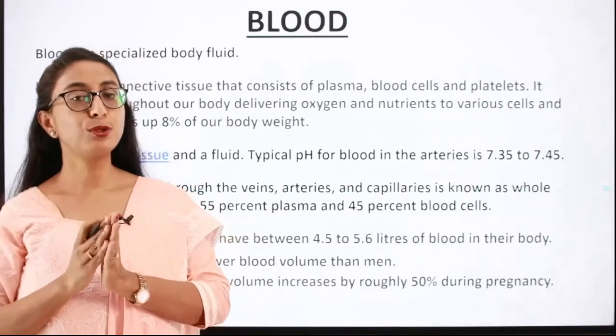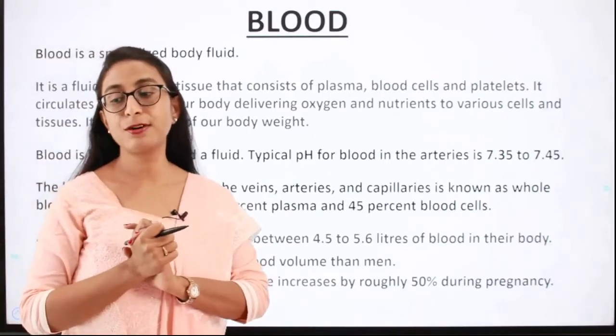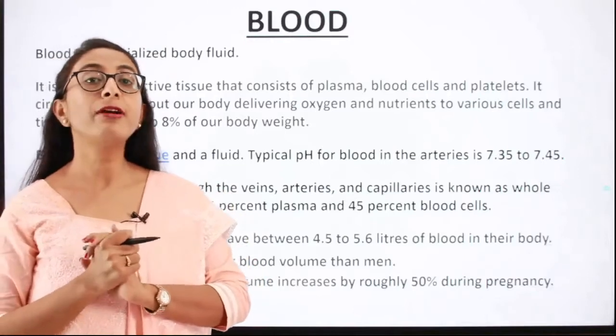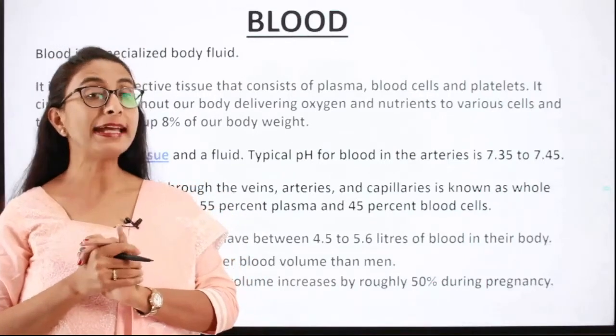So blood is both a tissue and a fluid, and the typical pH of blood is around 7.35 to 7.45. So blood is basically alkaline in nature. It is not acidic in nature.